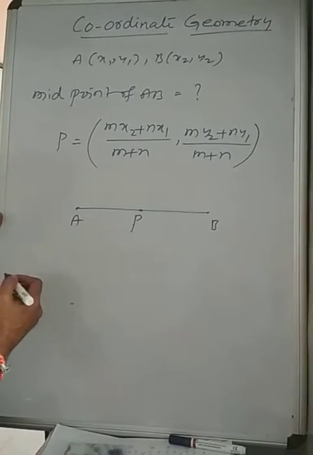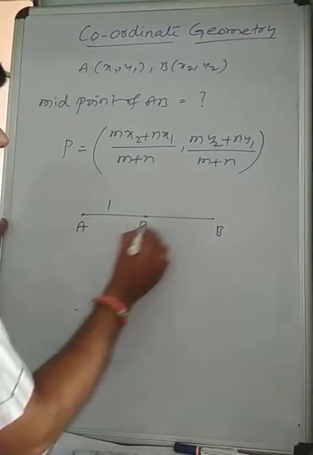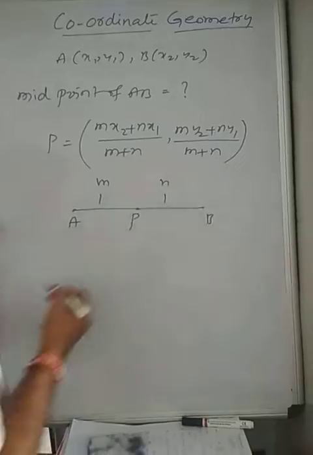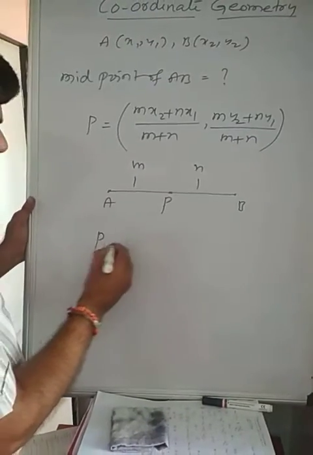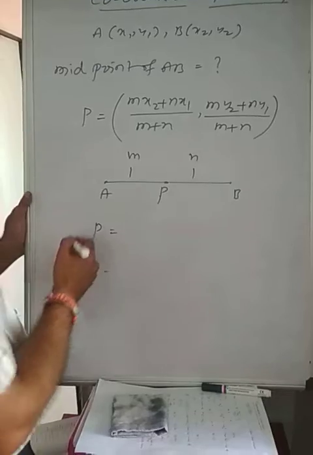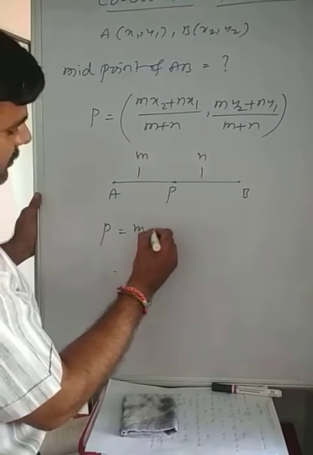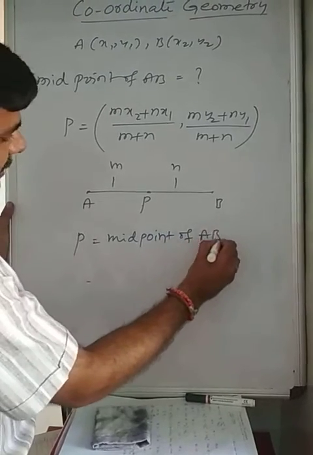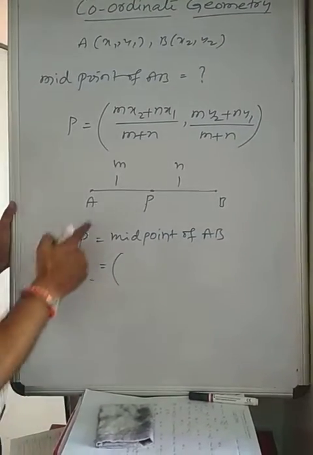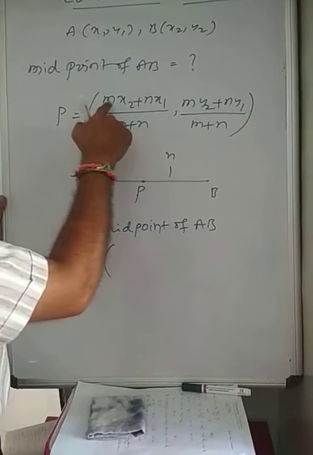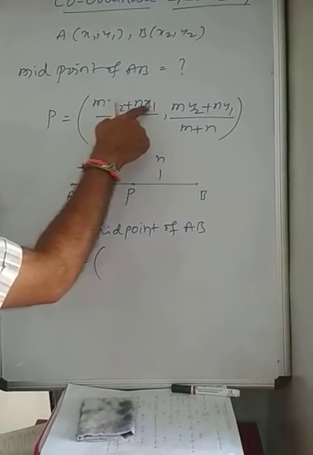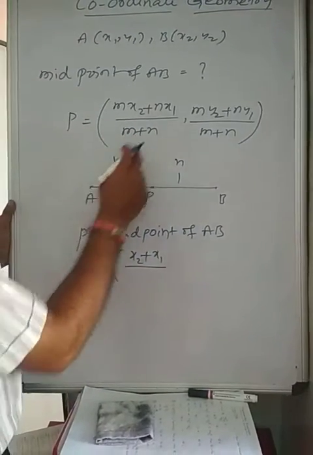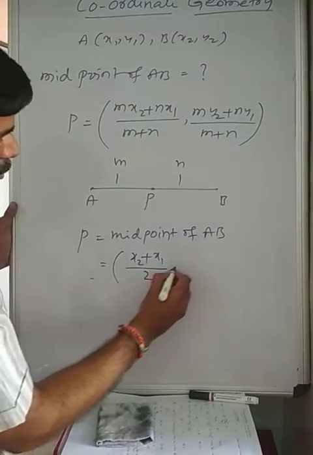Midpoint is nothing but the ratio 1 is to 1. So the m value is 1 and the n value is 1. Therefore the midpoint of AB is P. Substitute m is 1, n is 1: 1 into x2 plus 1 into x1, that is x2 plus x1 by m plus n, 1 plus 1, 2.